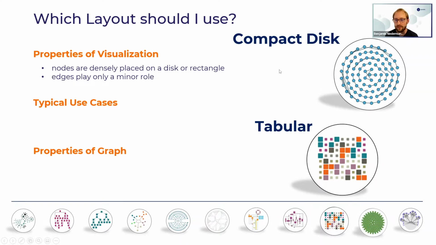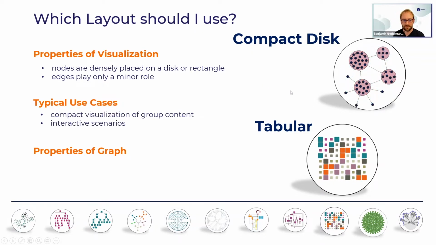So then the question is, if you cannot draw too many edges, why should I use this? The same applies for the tabular layout. And the answer is, it gives you a very compact visualization of group content. Assume that you have some group nodes and they contain further nodes. These group nodes and the external nodes are placed, for example, using the organic layout.